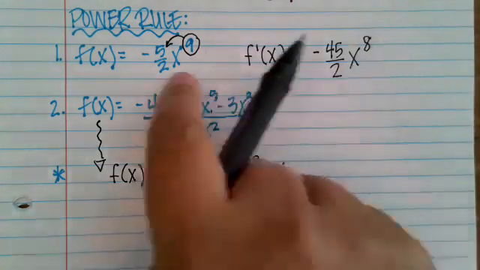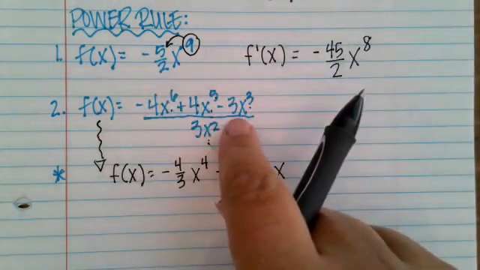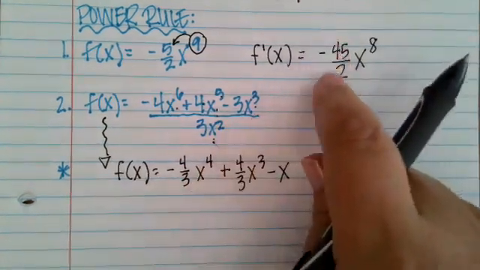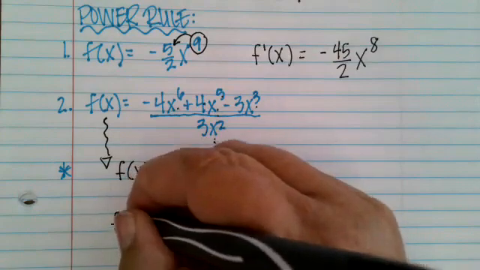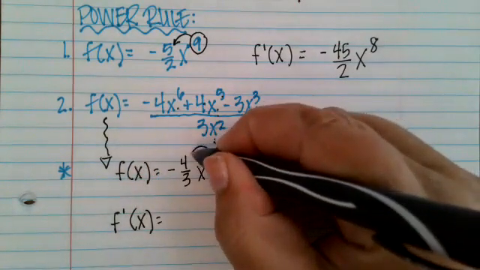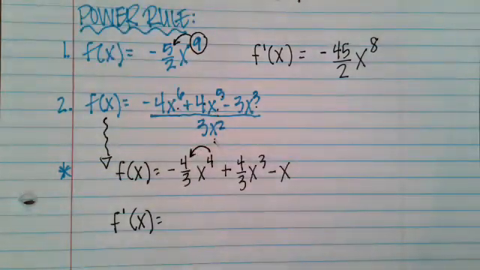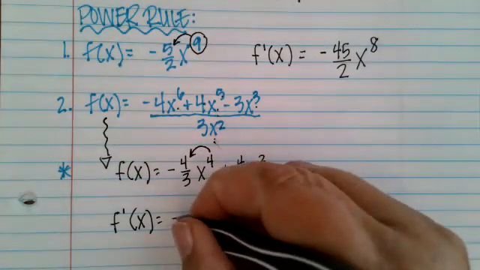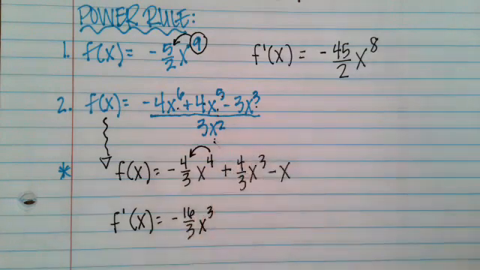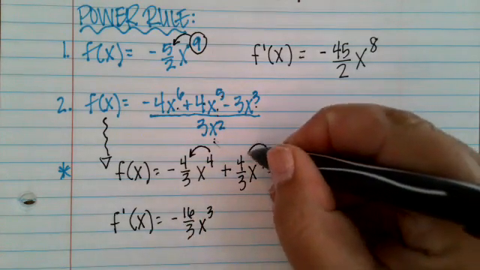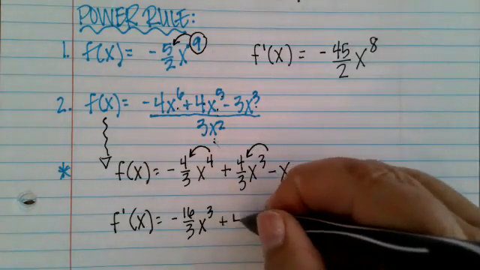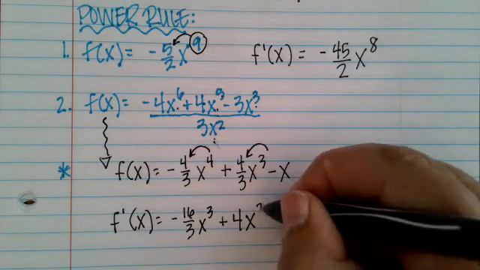So we've now gone from something that we cannot use the power rule on to something that we can use the power rule on. And then we're going to do exactly what I just taught you there. So to find the derivative, we take this exponent and multiply it by that coefficient. And so that would be negative 16 thirds, and then that decreases by 1. Bring this and multiply it by that coefficient, which would just be a 4, and then decreases by 1.